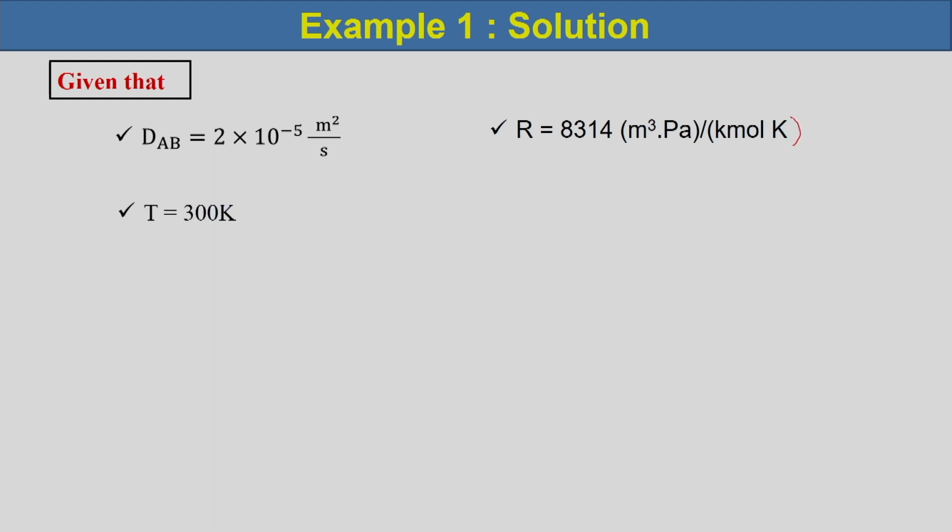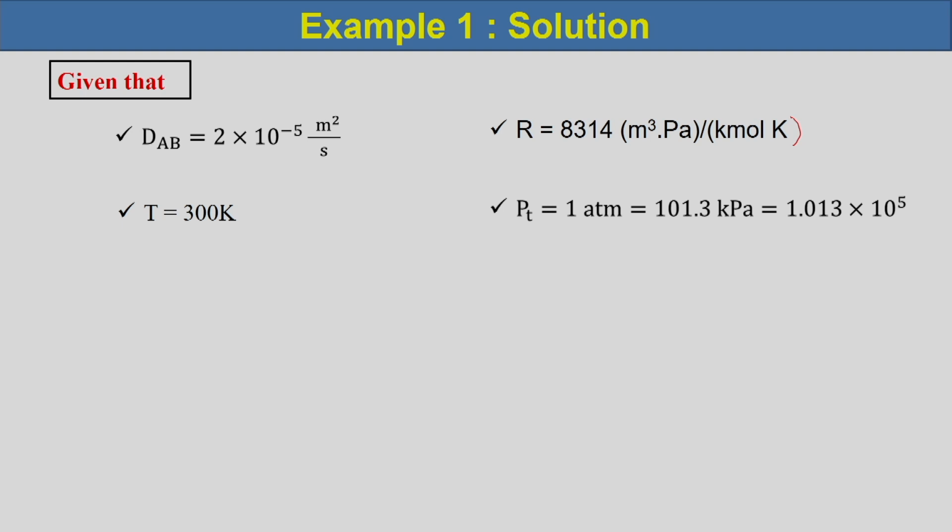T is the temperature which is given at 300 Kelvin. Total pressure PT is 1 atmosphere, so it is 101.3 kilopascal which is equal to 1.013 into 10 to the power 5 Pascal. PA1 is equal to 20 kilopascal which is equal to 20 into 10 to the power 3 Pascal.